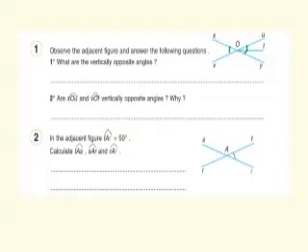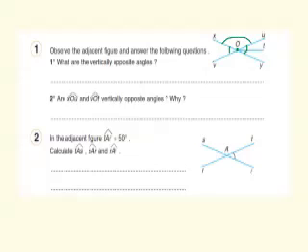Because they have the same vertex and the sides are the extensions of each other. So OV is the extension of OU and XO is the extension of OY. Or in other words, XOY forms a straight angle. VOU forms a straight angle.